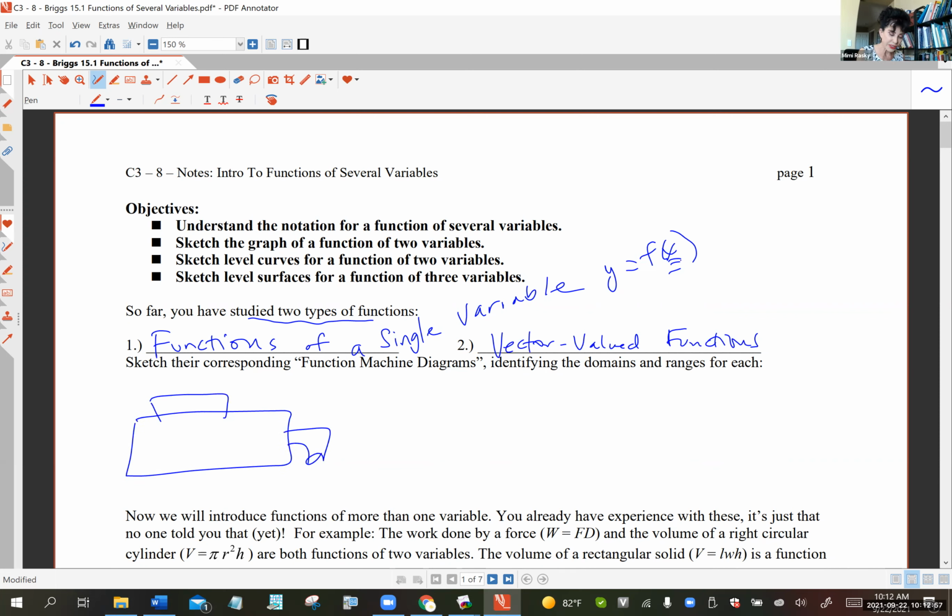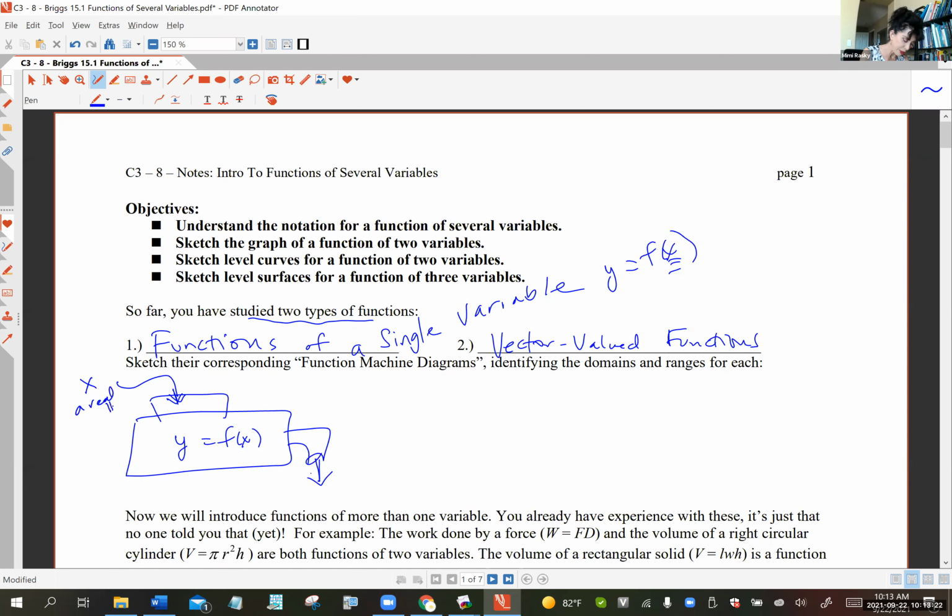So the function of a single variable, y equals f of x, you feed it something and then it expels something. Does anybody remember what you feed it? I'll give you 3 options. Do you feed it a point, a real number, or a vector? This is a function of a single variable. A real number. Good. X, a real number.